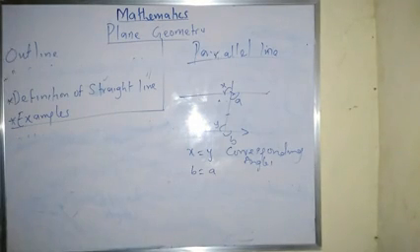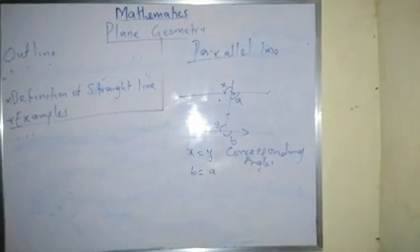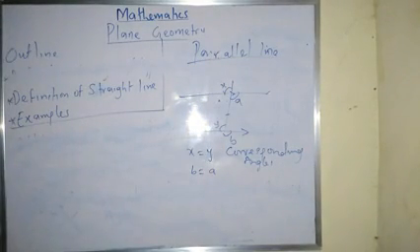And this angle is opposite to this one; I've explained opposite angles. Now, let me use the opportunity to explain what are called alternate angles.